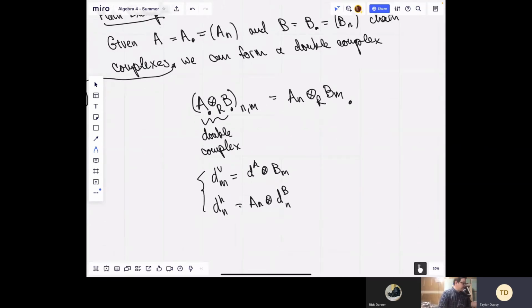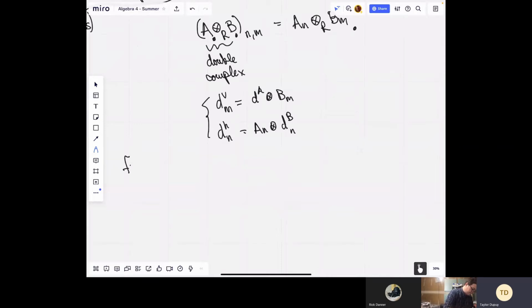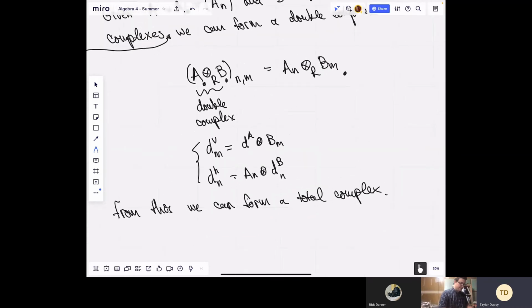From this we can form the total complex, and this is going to play a role in what I have to say next.